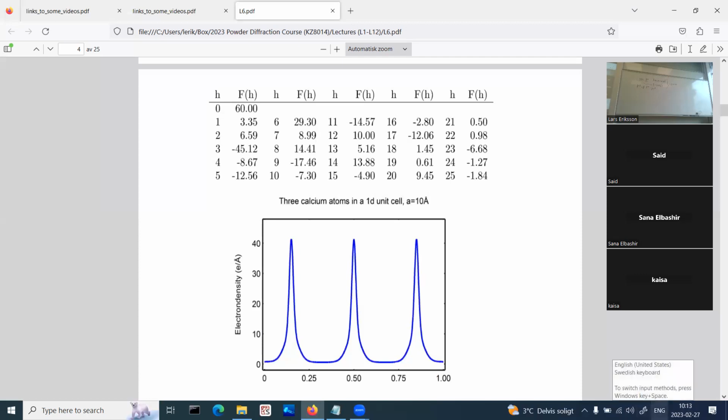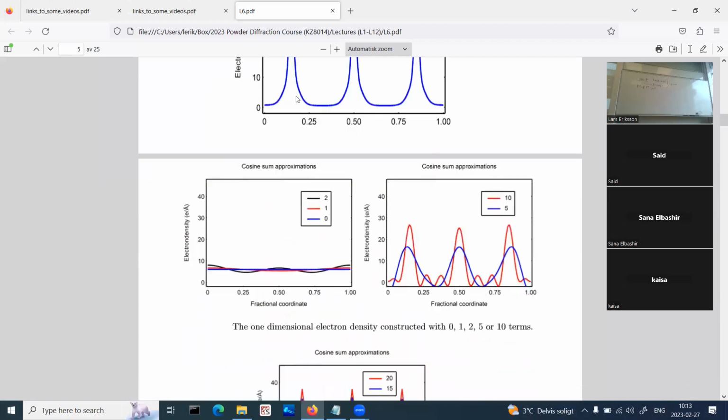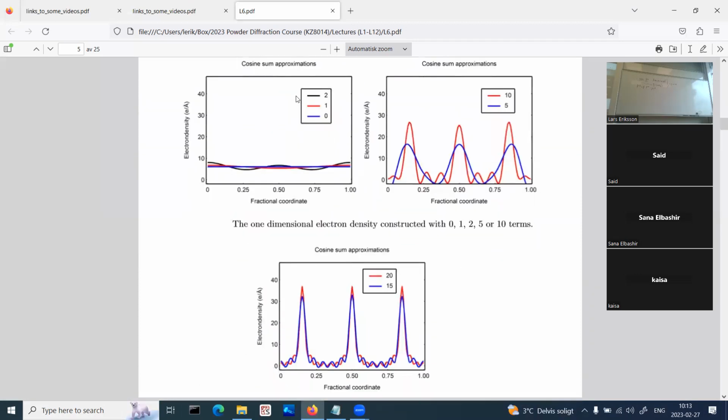And if we cut the series summation at various places, say that we have only 0 or 1 or 2 terms, then it doesn't look more than just some kind of average density.